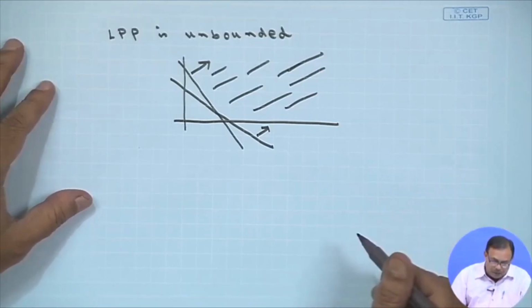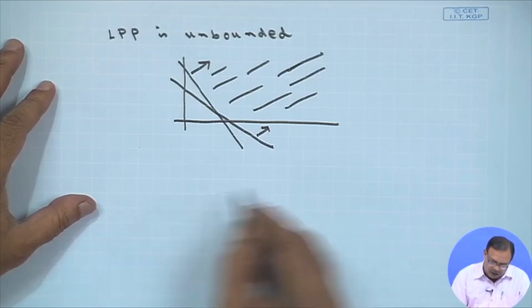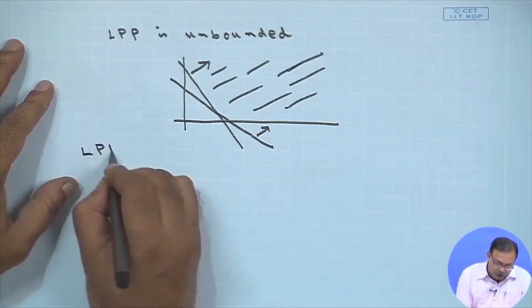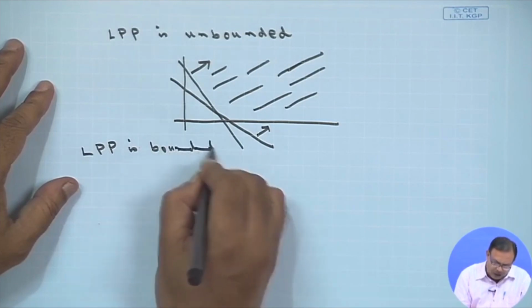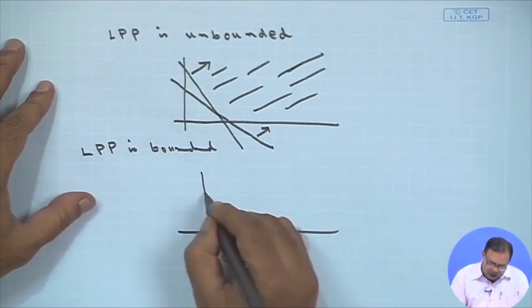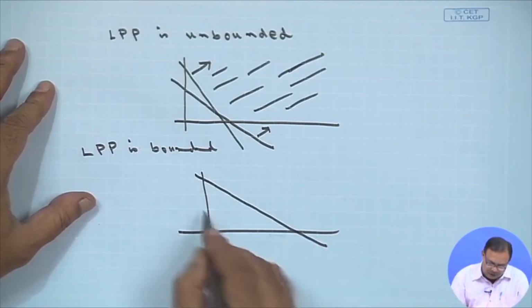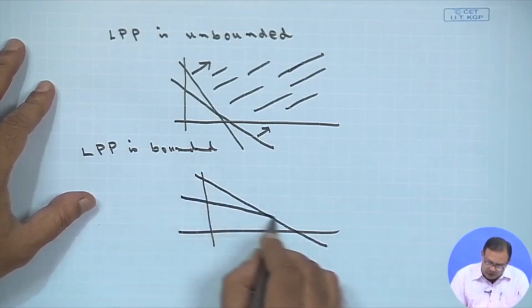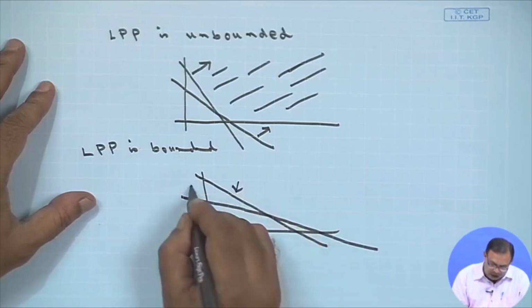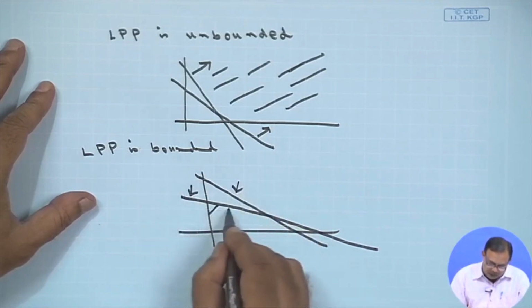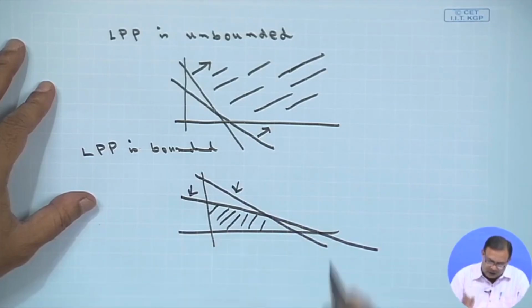Whereas the LPP is bounded if, again, I draw something like this and something like this, where in both cases the direction is on this side, so the feasible region is like this.